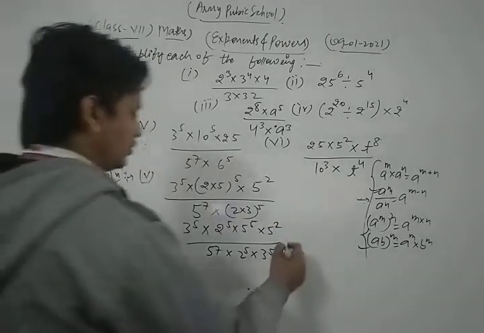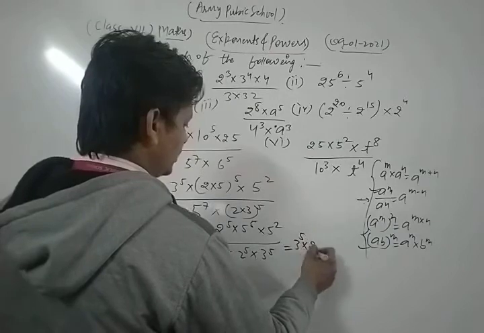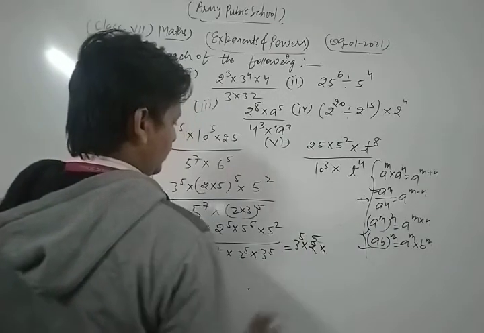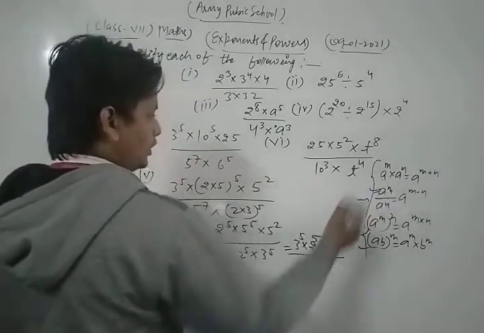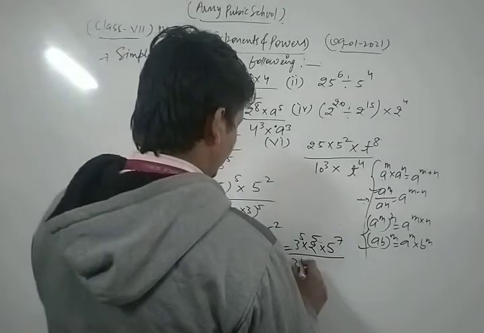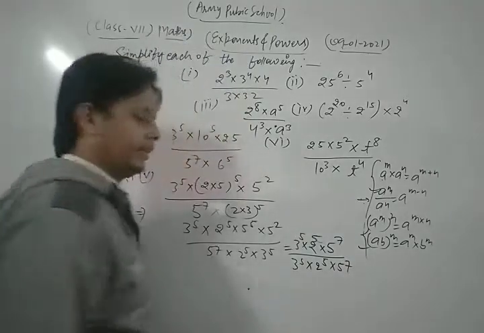Now let's see. Here 3 power 5, this is 2 power 5, and here 5 power 7. According to the laws of exponents, in the denominator we write 3 power 5 into 2 power 5 into 5 power 7.